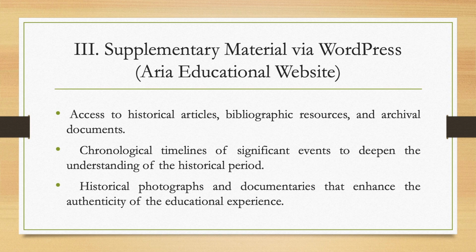The supplementary material in the WordPress, the ARIA educational website, gives you access to historical articles, bibliographic resources, and archival documents. Inside you can find chronological timelines of significant events to deepen the understanding, and also historical photographs and documentaries that enhance the authenticity of the educational experience.